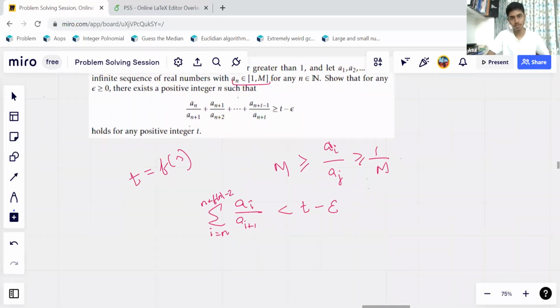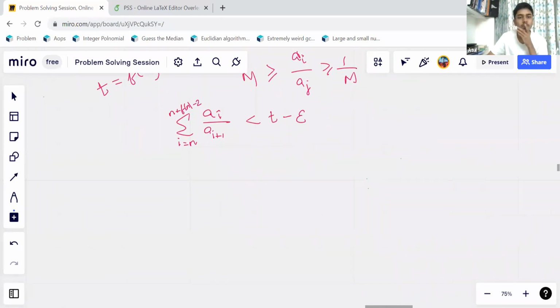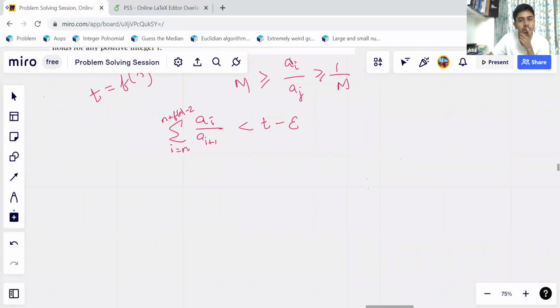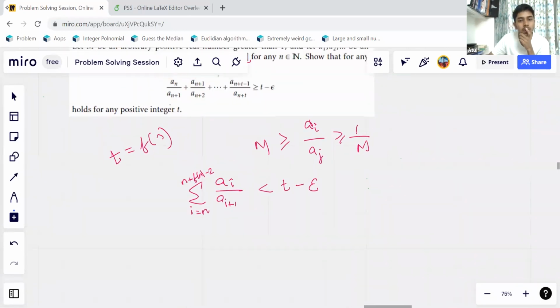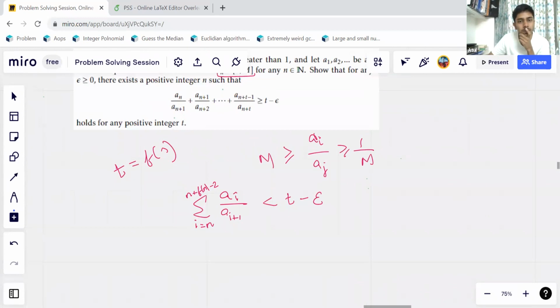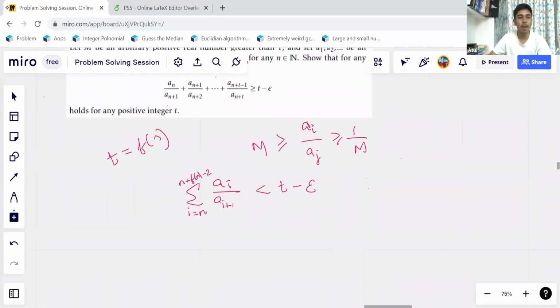Okay. But how does this help? Because the summation is pretty weird. Because there are t of these here, maybe I should write f of n. Okay, let's just write it as t, because this f of n thing isn't really helping anything.